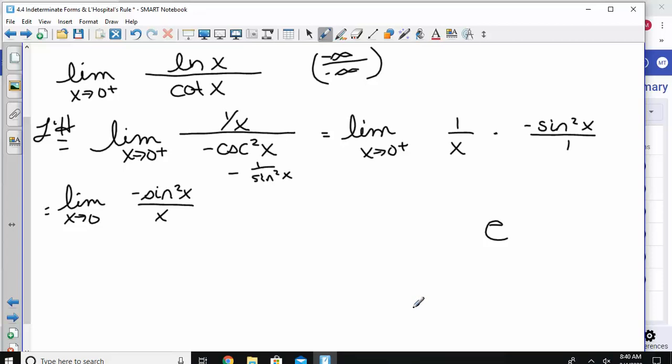Did I lose anybody? So I realized cosecant's 1 over sine, and then to divide, you flip that and multiply. Now this is 0 over 0. So we do L'Hopital's.